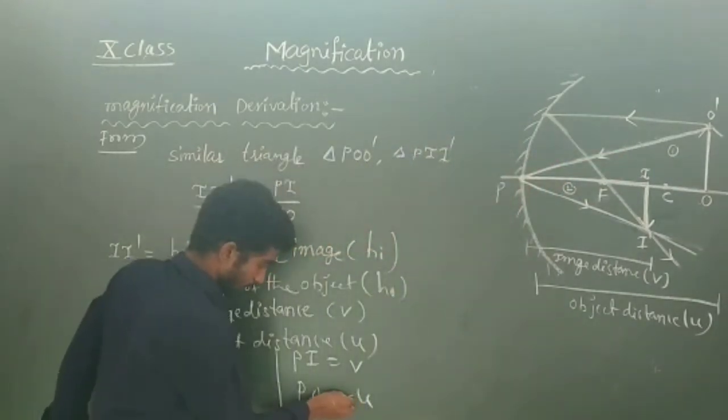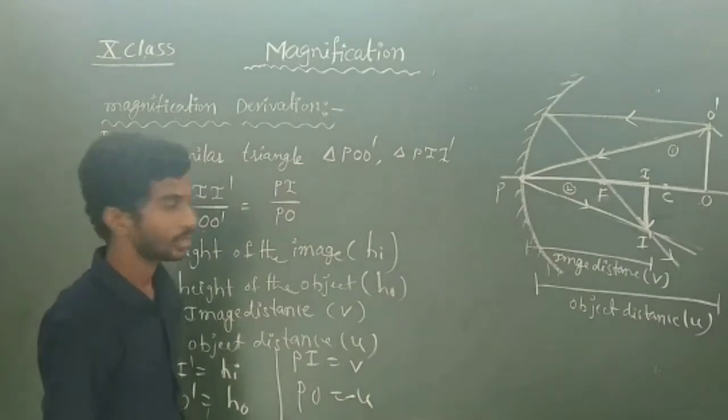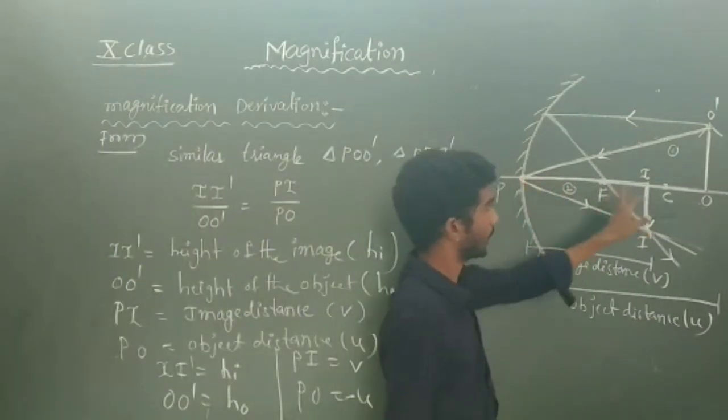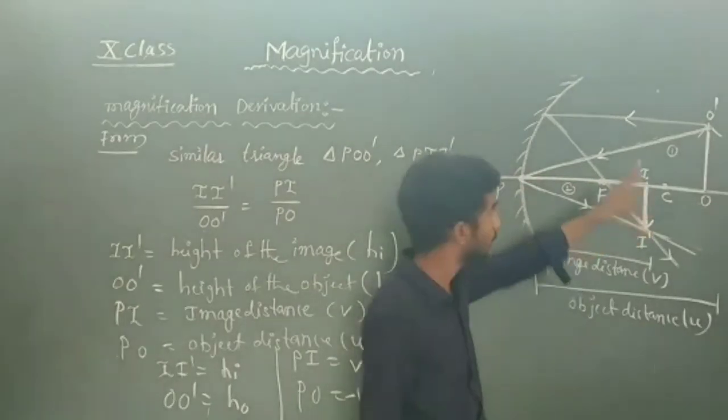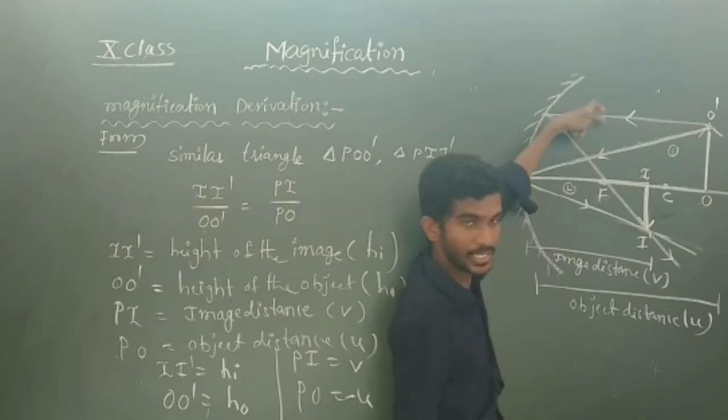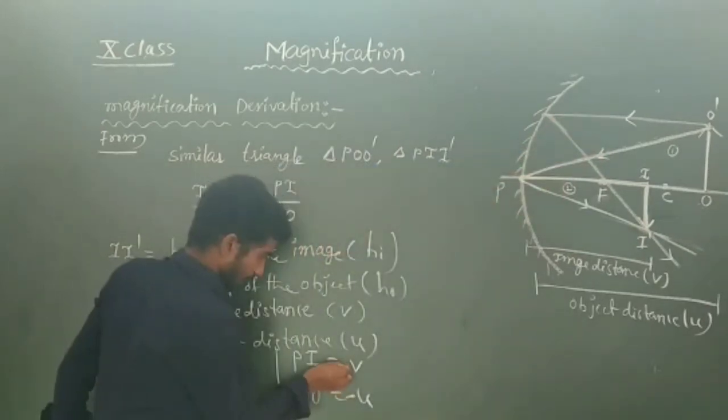So PO is negative. Image distance is also negative because it is measured opposite to the incident ray. So minus.